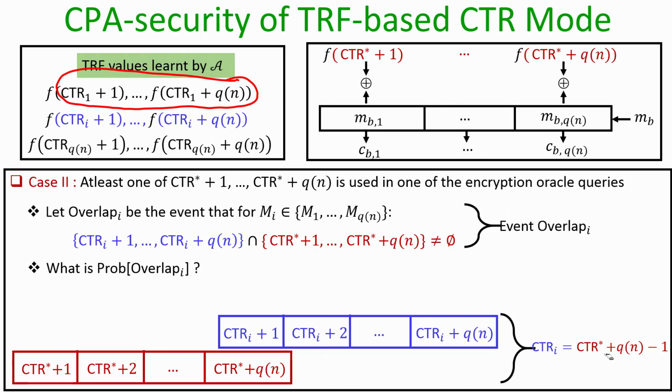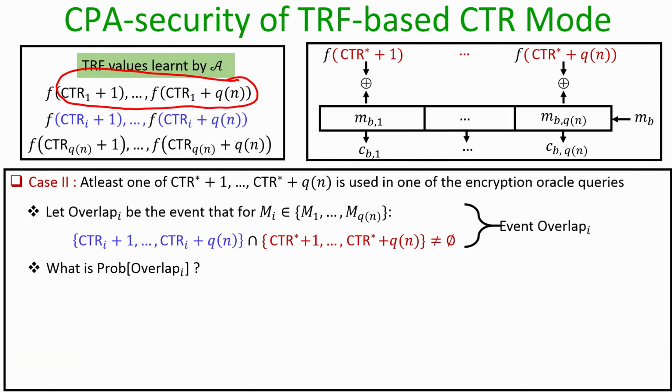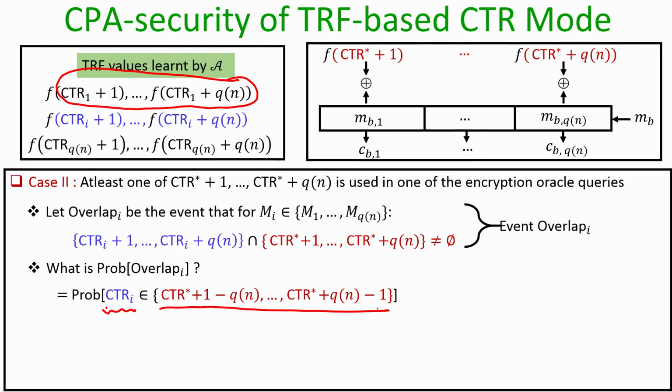So, these are the various ways in which the event overlap I could occur. That means the probability of the event overlap I happening is the same as the probability that the counter value I, which is used to encrypt the ith encryption oracle query, lies in any of these ranges. If it lies in any of these ranges, then the event overlap I could occur.